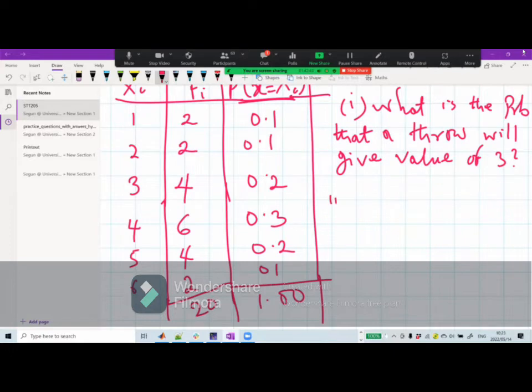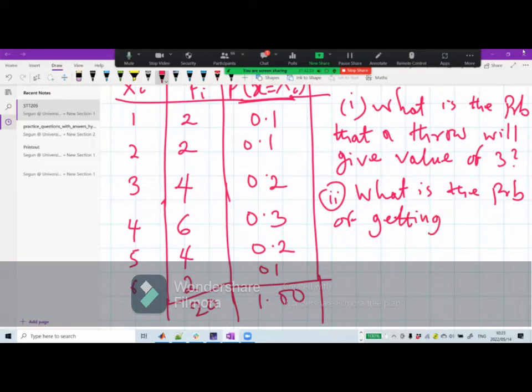Roman figure 2. What is the probability of getting, in a throw, four or five?